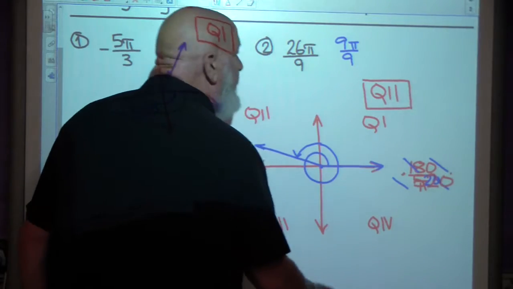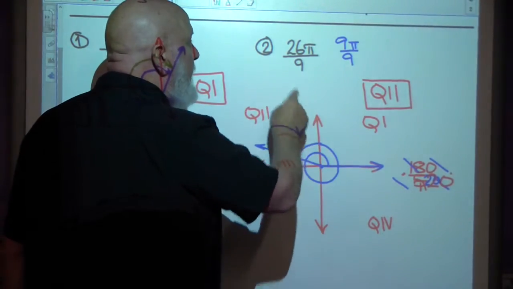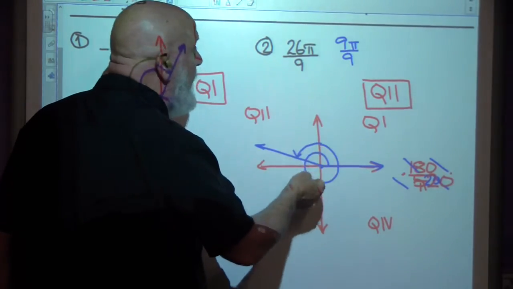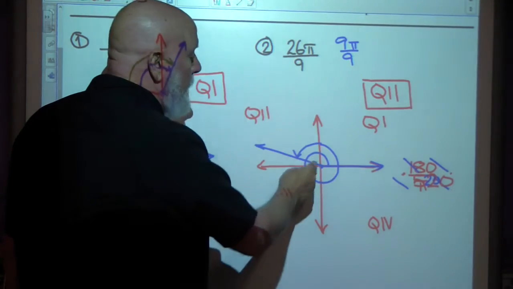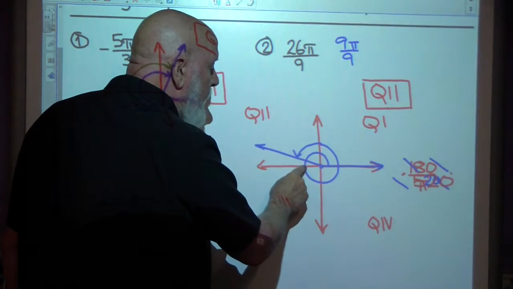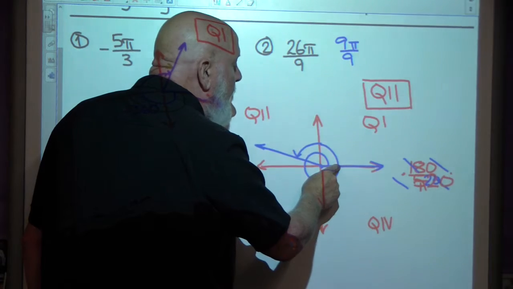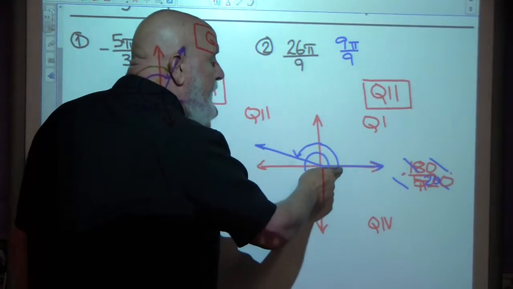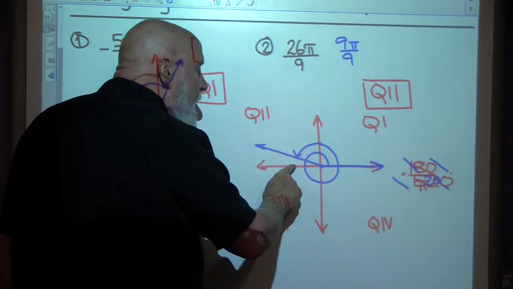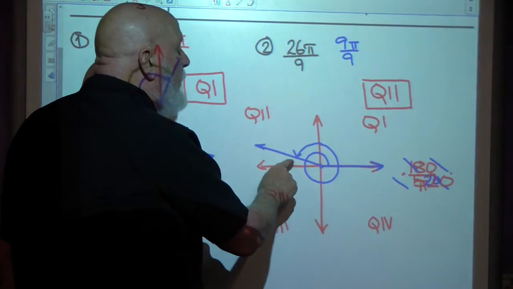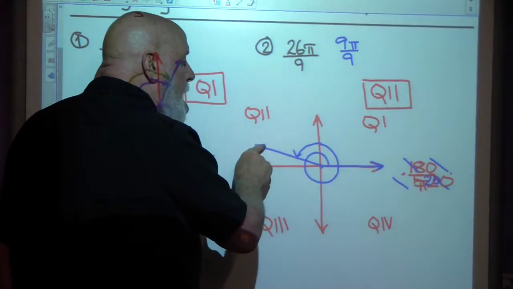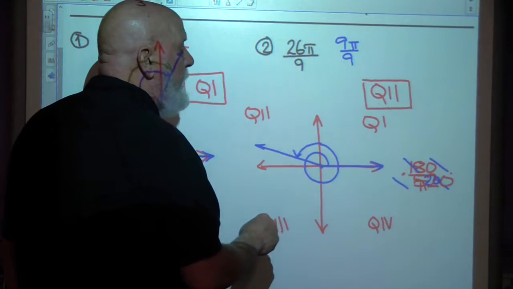And I'm going to count in terms of pi's over 9 and rotate until I get to 26 pi over 9, or just until I know which quadrant I would be in. So here's 9 pi over 9, 18 pi over 9. Counting in terms of 9 pi's over 9, that would be 27 pi over 9. It would be 1 pi over 9 short of that, so that would put me in quadrant 2, counting in terms of pi over 9.